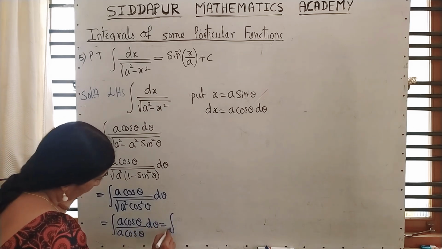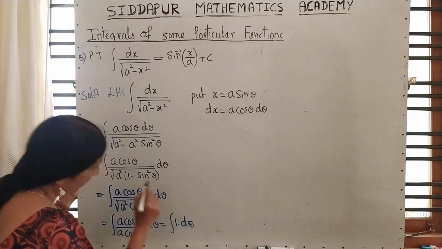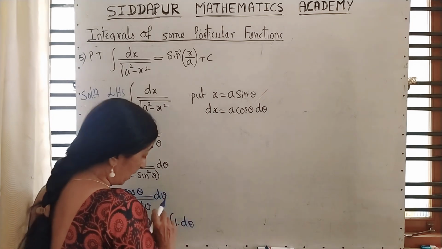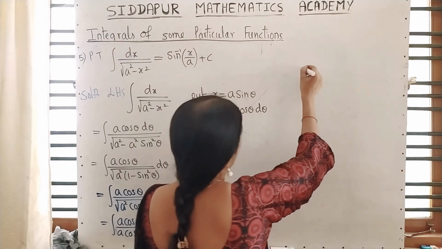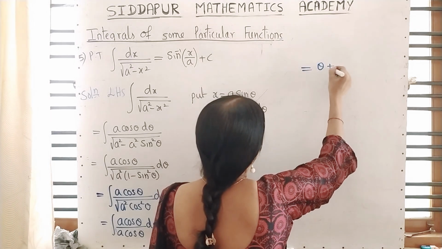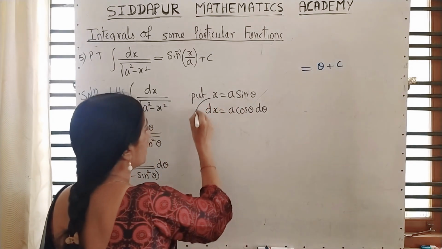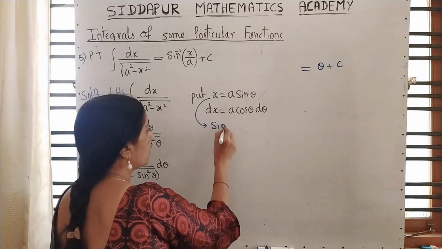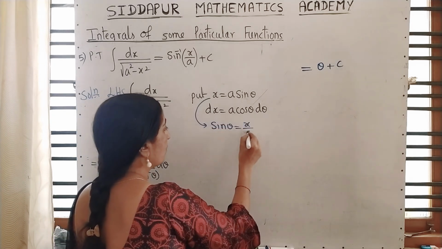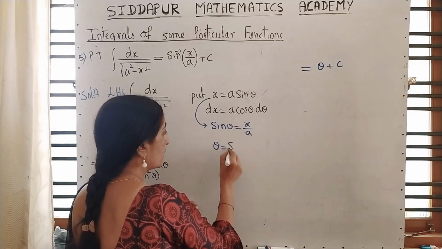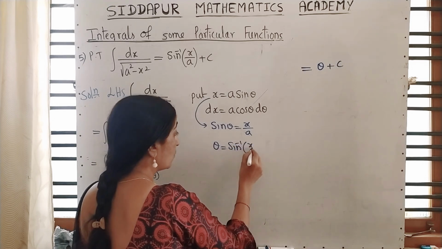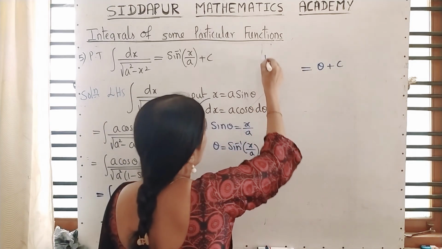The term gets cancelled, 1 into d theta. What is integration of 1 with respect to theta? Integration of 1 with respect to theta is theta plus c. But here see, sin theta is equal to x by a, theta is equal to sin inverse x by a. So write down that value.